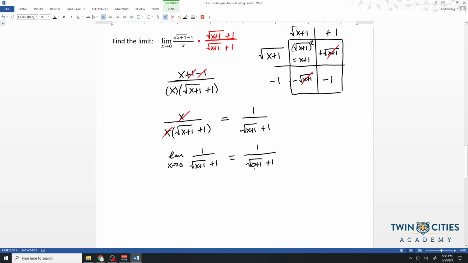Well, the square root of 0 plus 1 is 1, so that'll be the square root of 1 is 1 plus 1. This is 1/2. Since the limit of this is 1/2, that means the limit as x approaches 0 of my original square root of x plus 1 minus 1 all over x is 1/2.